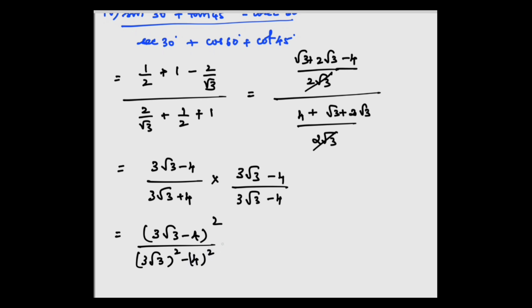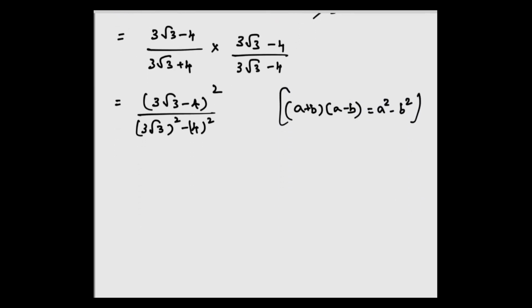According to the identity, (a plus b) into (a minus b) is equal to a square minus b square. Now (a plus b) the whole square is equal to a square plus b square plus 2ab.